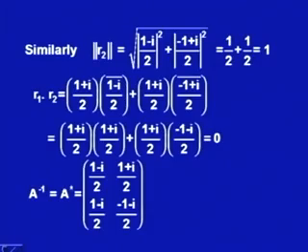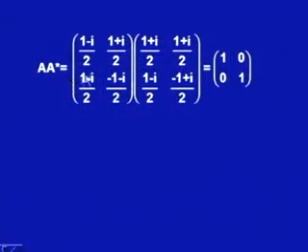Now, before we proceed further, we will verify this. If A inverse is equal to A star, then the product of the two matrices should be identity. So, we verify this and we calculate A into A star.